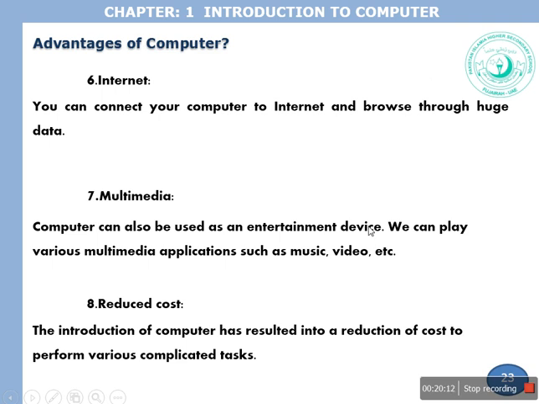And we all are using the internet. Internet is the network of networks. We can connect our computer to the network, and nowadays we all are in quarantine, so I think all over the world people are on the internet.